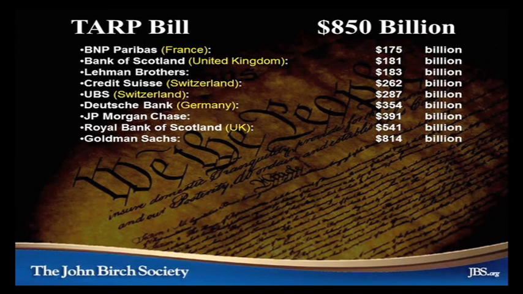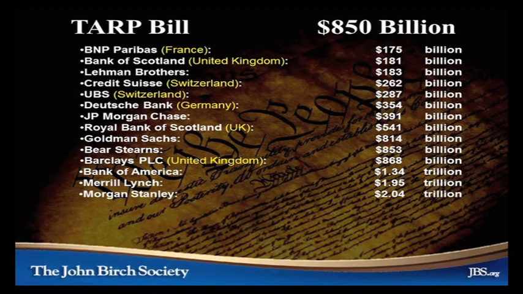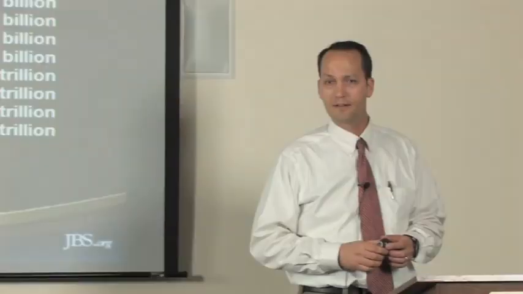Goldman Sachs themselves got almost the entire bill of $814 billion. Bear Stearns, $853 billion. They exceeded the amount allowed by Congress. Barclays got $868 billion. Bank of America, $1.34 trillion, now with a T. And Merrill Lynch, $1.95 trillion, Morgan Stanley, $2.04 trillion, and our final biggest recipient, Citigroup, at $2.5 trillion of an $850 billion TARP bill.